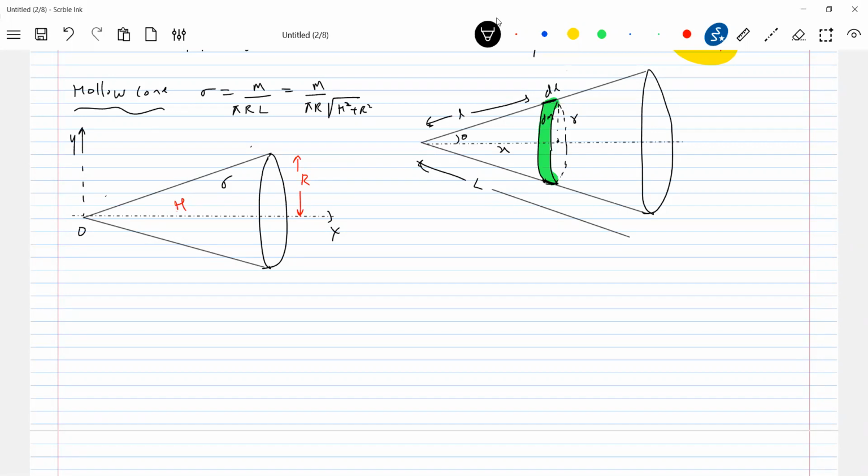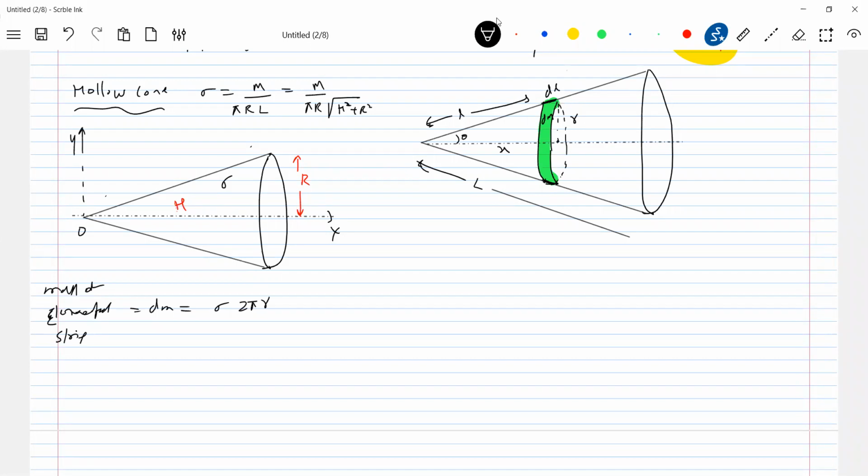What should dm be? dm is the mass of the elemental strip. So dm is equal to sigma into 2 pi r. 2 pi r is the circumference, no?